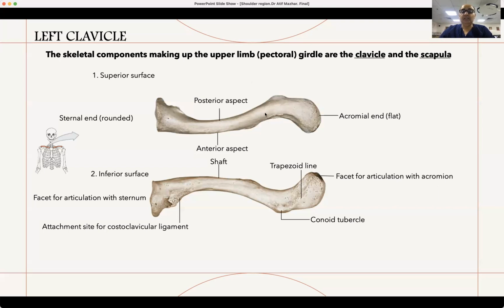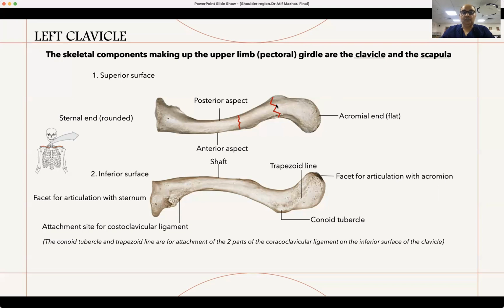The place where this 2/3 and 1/3 meet is the weakest point. Most commonly, if a clavicle fractures, it fractures in this location, where the medial 2/3 and lateral 1/3 join. It doesn't mean that the clavicle cannot fracture elsewhere. It can fracture at any location, but most commonly seen is this location.